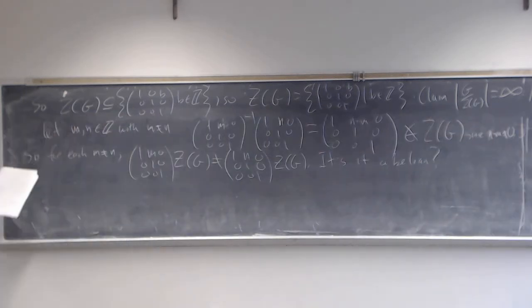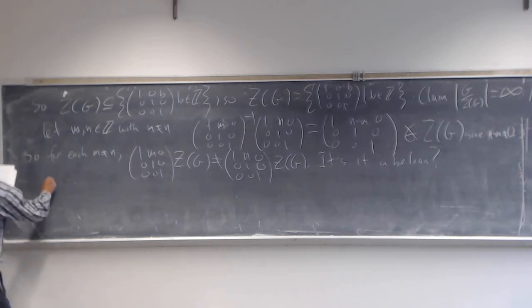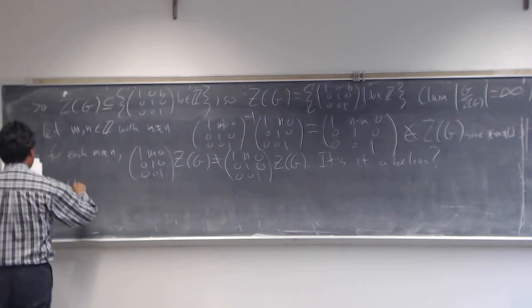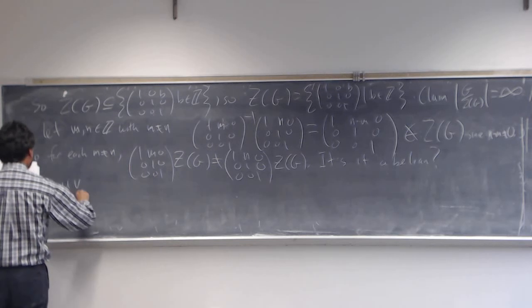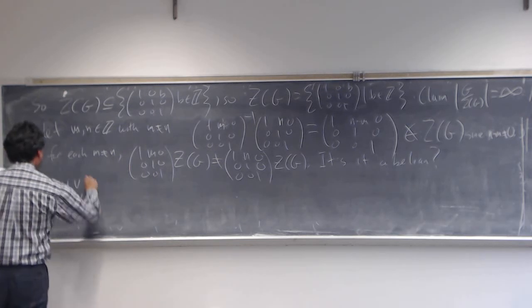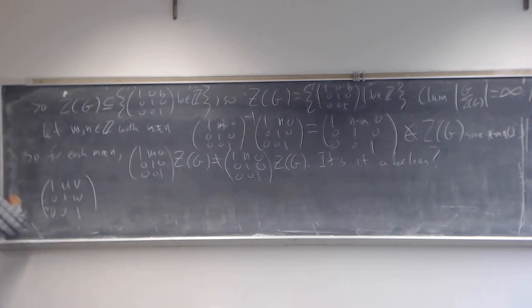So let's look at a calculation. Let's look at two elements in this factor group. So we have u, v, w in Z, and x, y, and z in Z. When I say Z, I mean the integers.